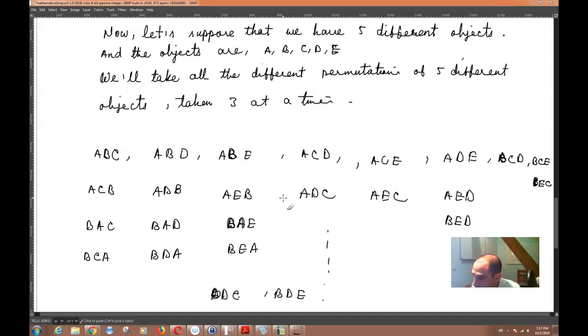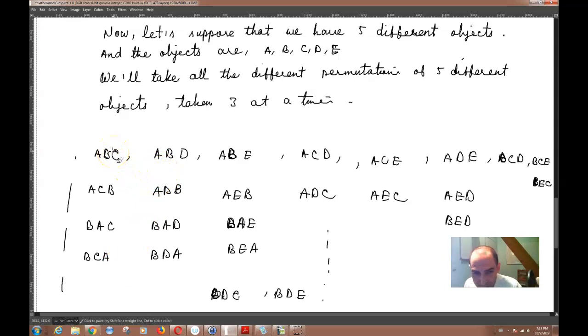So then we can say that in this particular situation, you can see that, for example, ABC, ACB, BAC, BCA, and so on and so forth. So these are all, of course, the order has been changed, but it's basically the same combination. Meaning that you have the same three objects over here, ABC, ABC, ABC, ABC, and so on and so forth.